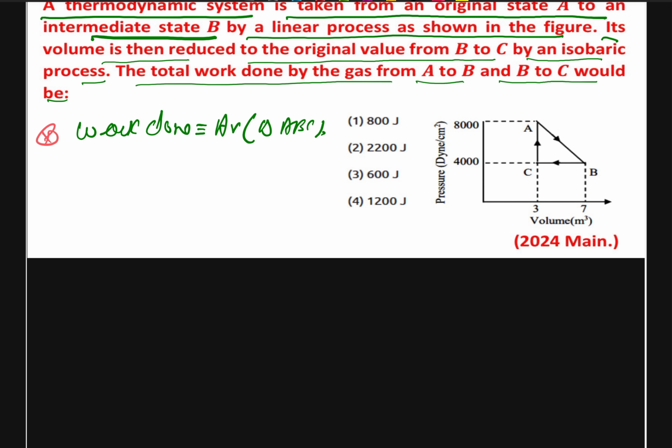So this will be half, and the change in volume will be 7 minus 3, that is 4, and 8000 minus 4000, giving us 4000.